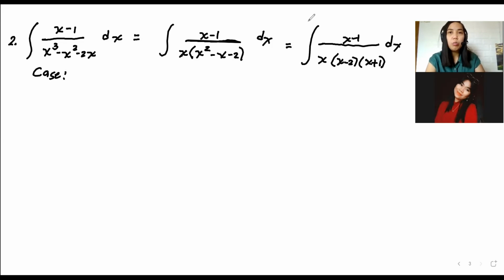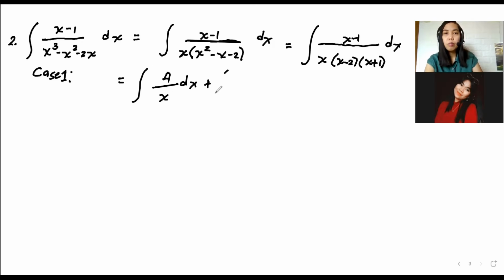So, using case 1, we will have the integral of A over x dx plus B over x minus 2 dx plus C over x plus 1 dx.